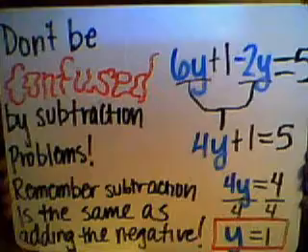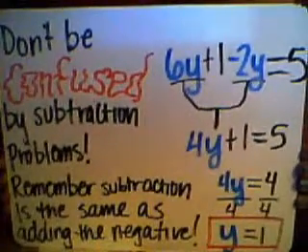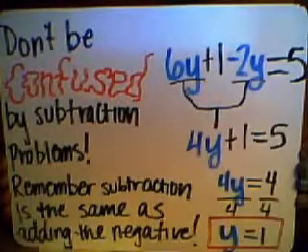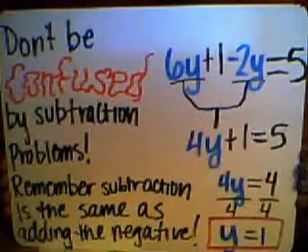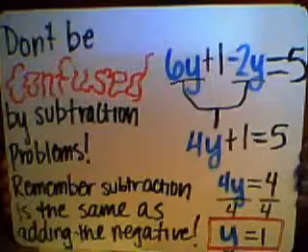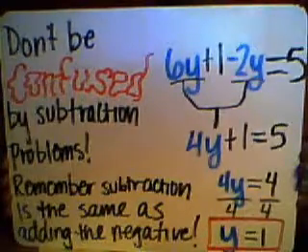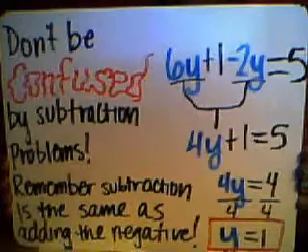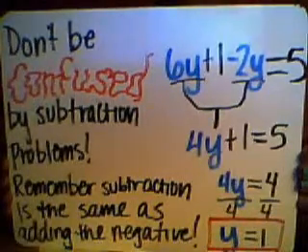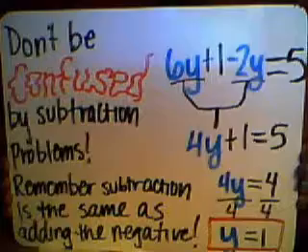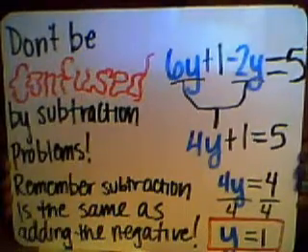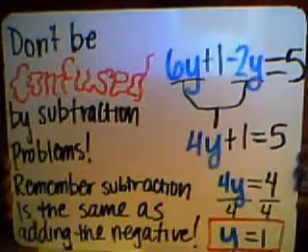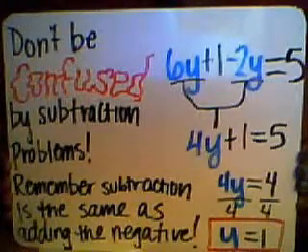I have a bit of advice I just want to share. Don't be confused by subtraction problems. Remember that subtraction is the same thing as adding the negative. So here, if I have 6y plus 1 minus 2y equals 5, because both of the like terms are on the same side of the equation, you're just going to combine them. There's no subtracting the opposite, adding the opposite, moving to the other side, none of that. Just add them together like you would any other two numbers that were on the same side of an equal sign.